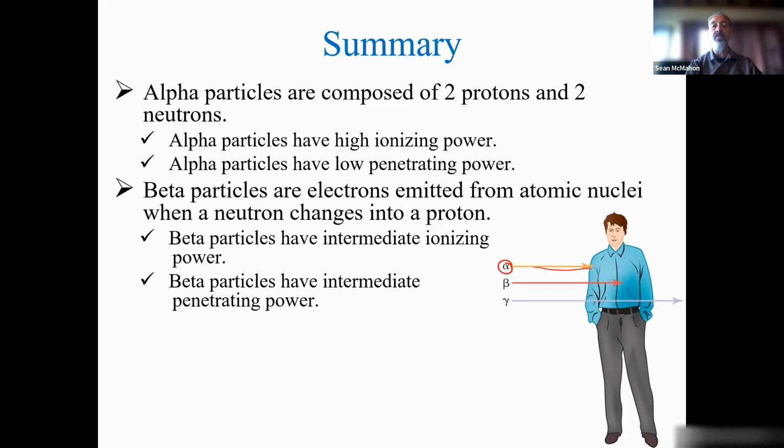Now the beta particles, they're smaller. It's basically when a neutron changes to a proton, so I'm just shooting out this negative charge. So it's much smaller. It still has a little bit of ionizing power, but what it really has is better penetration. That's why for a beta particle, I need something like an aluminum sheet, or a really thick lab coat and gloves to protect me, not just regular clothing.